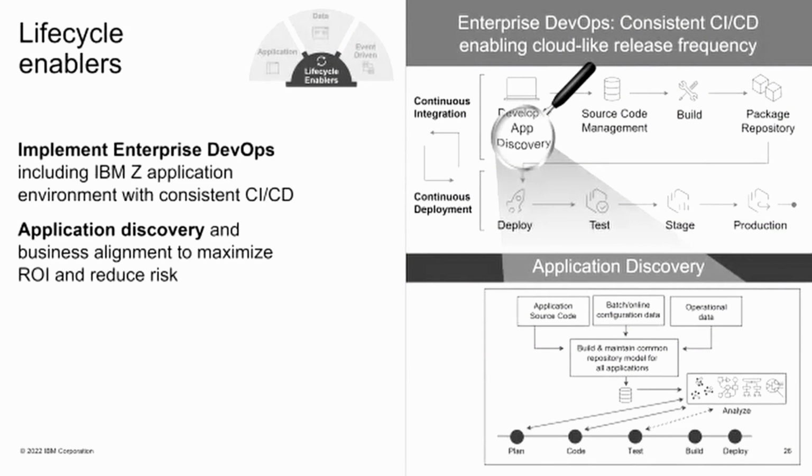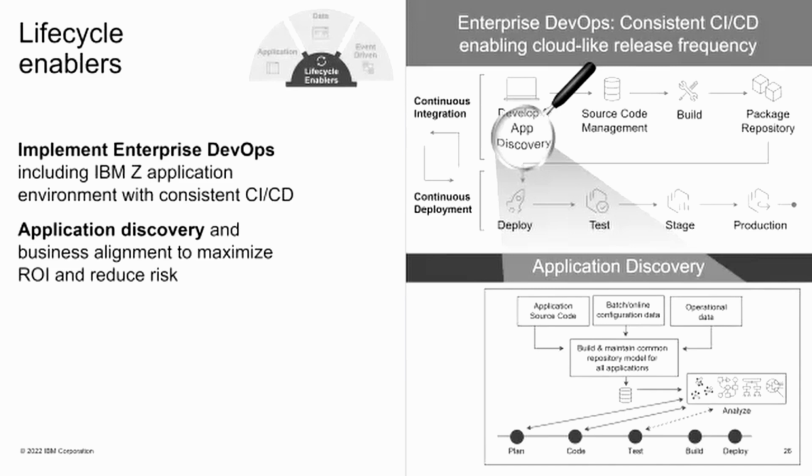The next component in the lifecycle was lifecycle enablers, if you remember. The lifecycle enablers are the softer components that enable the process. A key part of application modernization has to be modernization of the processes associated with application development.